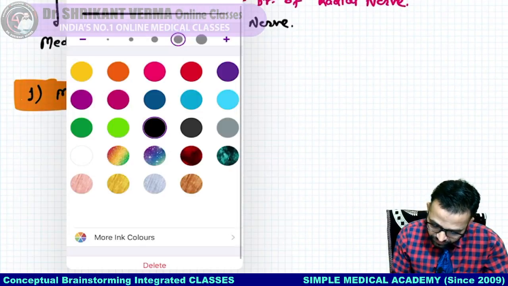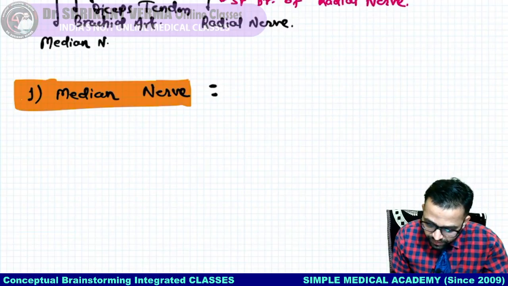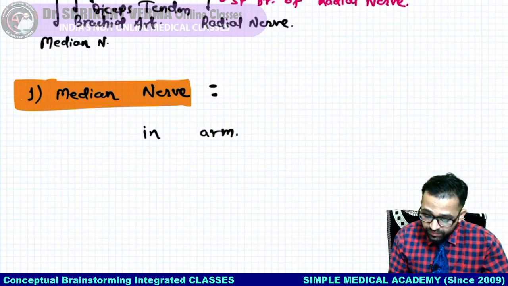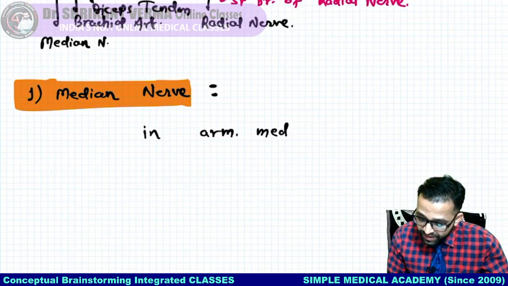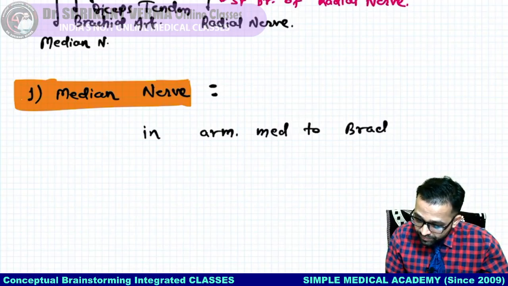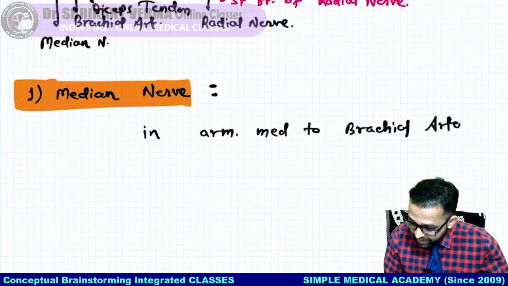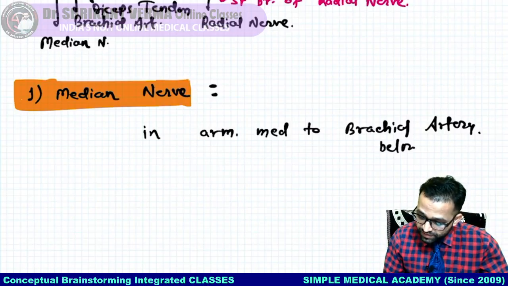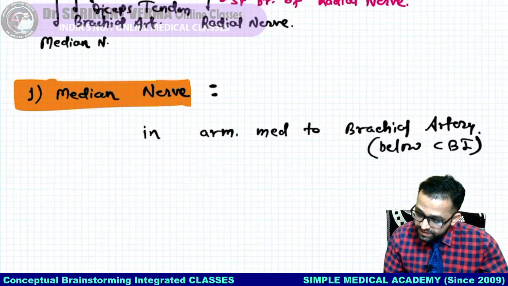It is running in the arm, medial to the brachial artery, definitely below the coracobrachialis insertion, CBI.